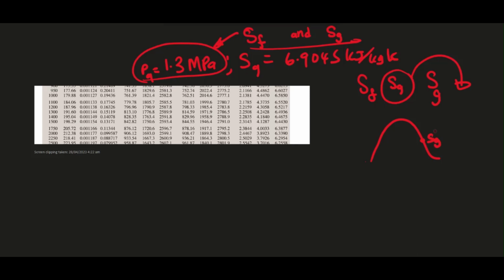So if S9 was somewhere here, that would simply mean it's superheated. If it was less than SF, then it will be a compressed liquid. However, if it was greater than SF but less than SG, I'll be in this region and therefore I'll need quality. Hopefully that makes sense.